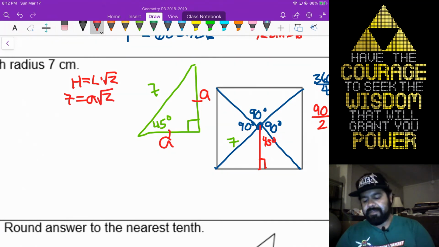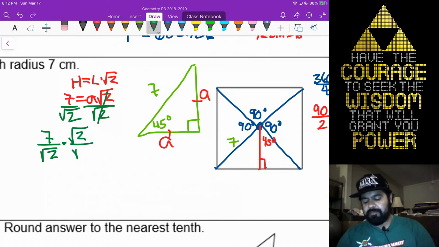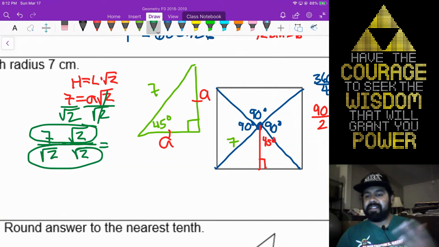We're going to divide out the radical. And then we're going to clean it up because we don't want that radical down below. So 7 over rad 2. I'm going to multiply that by rad 2 over rad 2. So these multiply with these, the radicals cancel out, you're left with just the 2.